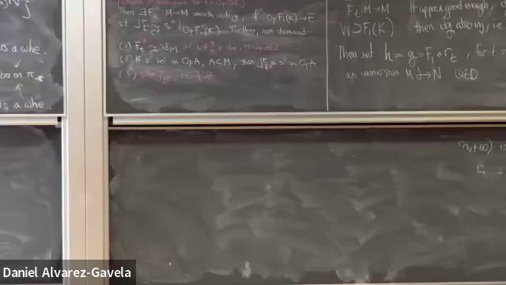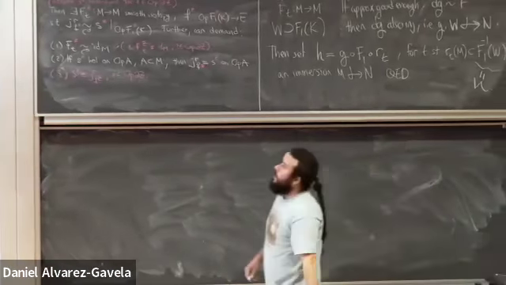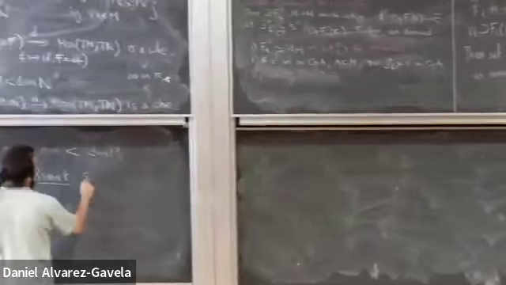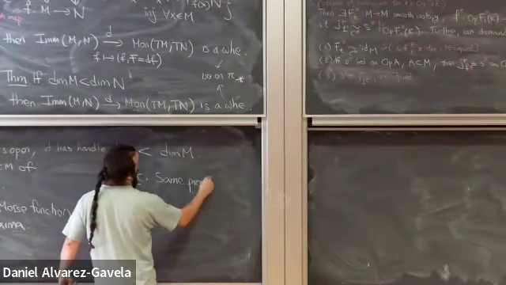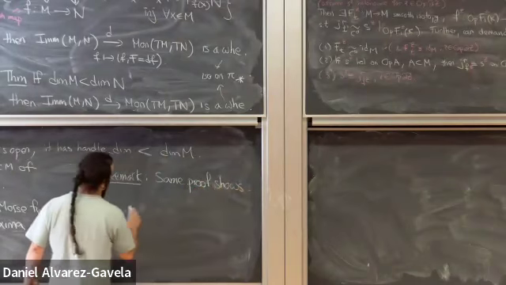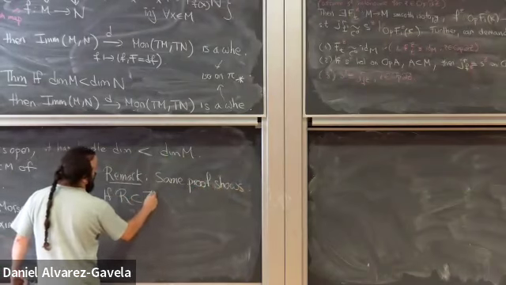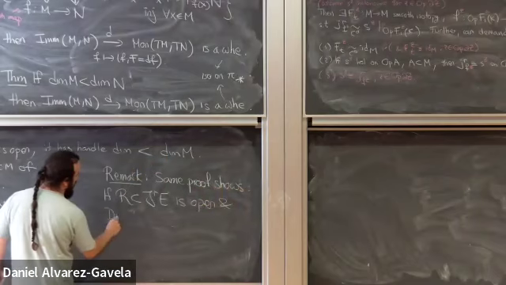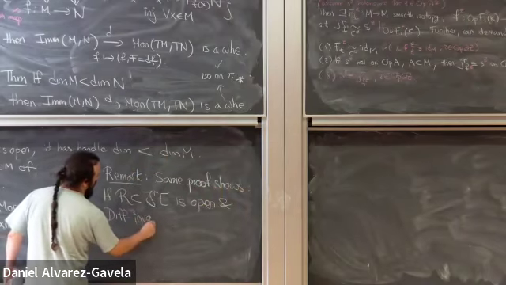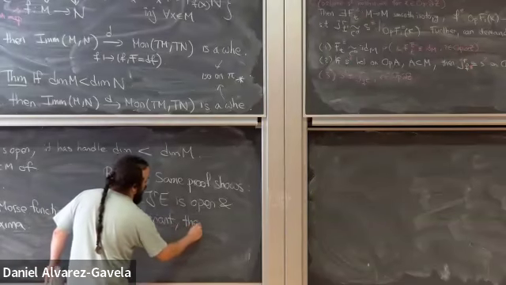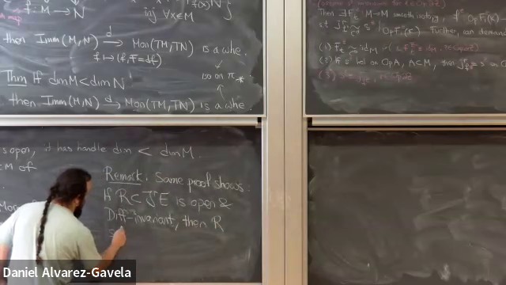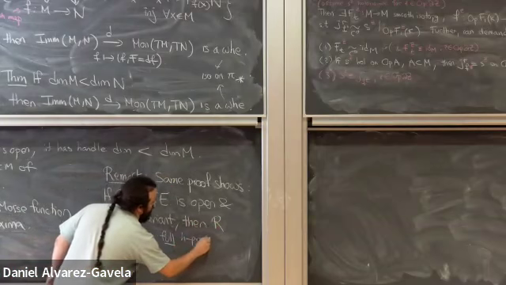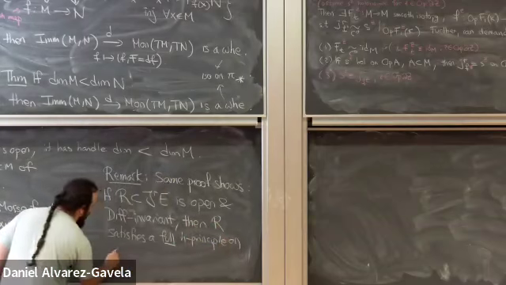Let me just make a remark: the exact same proof shows that if I have a differential relation in a jet space which is open and diff invariant, then R satisfies a full h-principle on any open manifold.